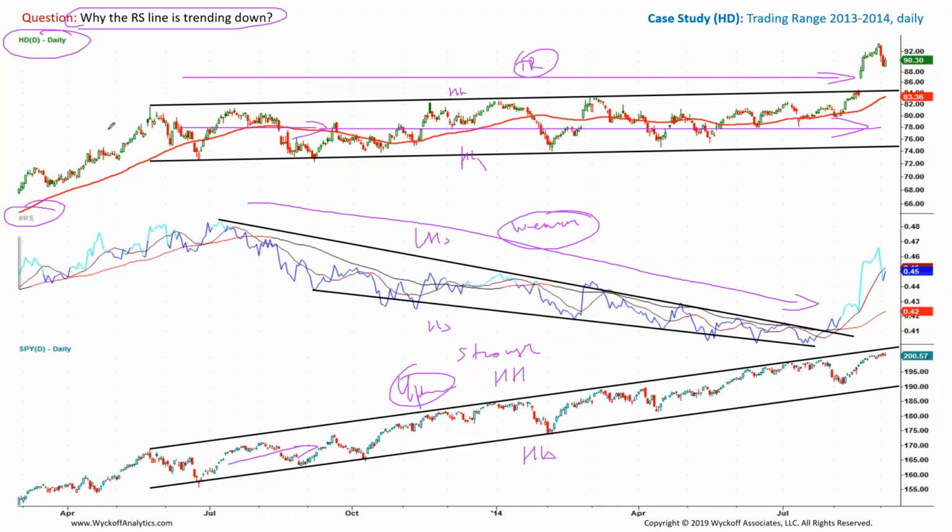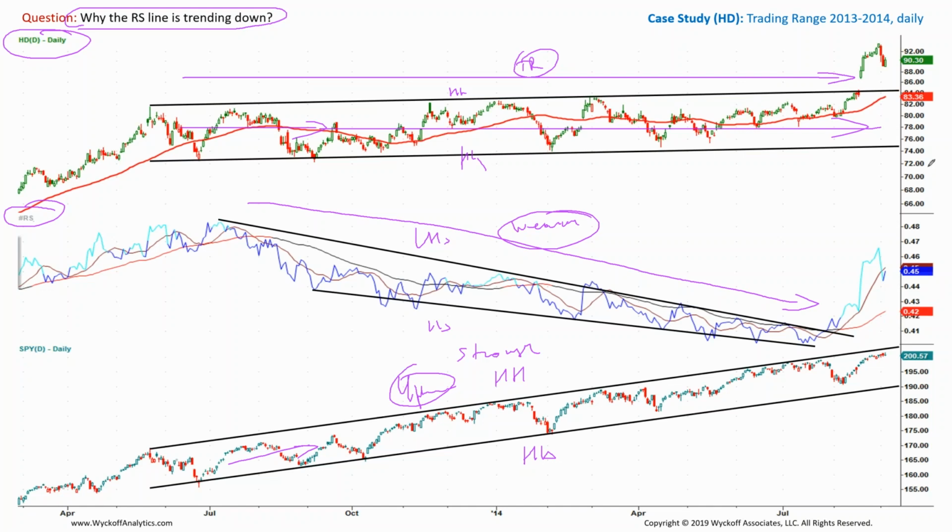It's the price structure of the stock relative to the price structure of the market proxy, in this case, Spiders. So when the market is uptrending and the stock is just consolidating, then the stock is behaving weaker than the market. And therefore, relative strength is going to be in the downtrend.